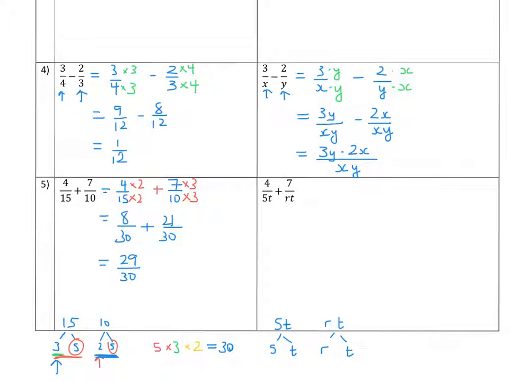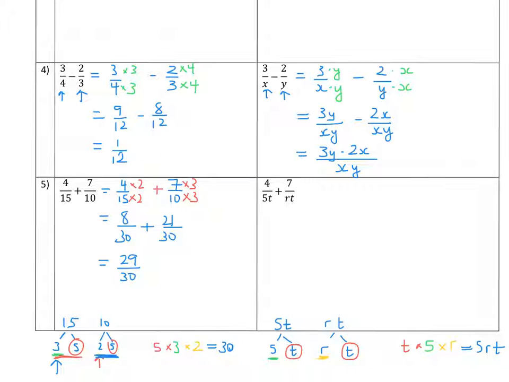If I look at how these compare, they both have t in common, so t is part of my common denominator, times, and then I have an extra factor of 5 on that first one, and on the second one, the r is an extra factor. So my common denominator for this, we usually put the constant out front, would be 5 times r times t, or t times r. And I just put that in alphabetical order. So that's the common denominator.